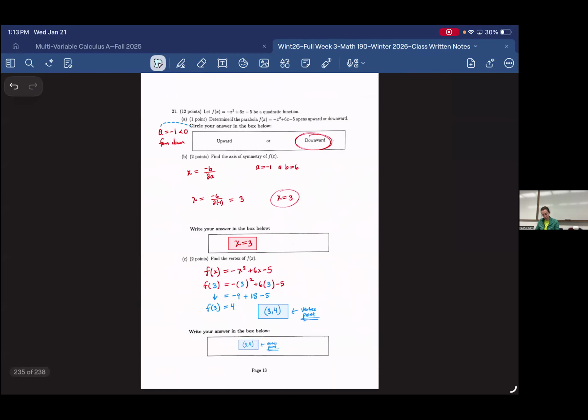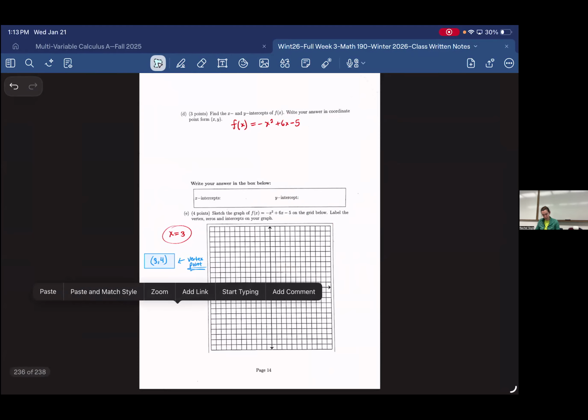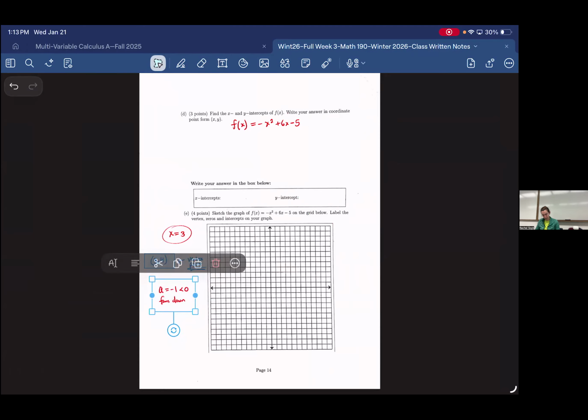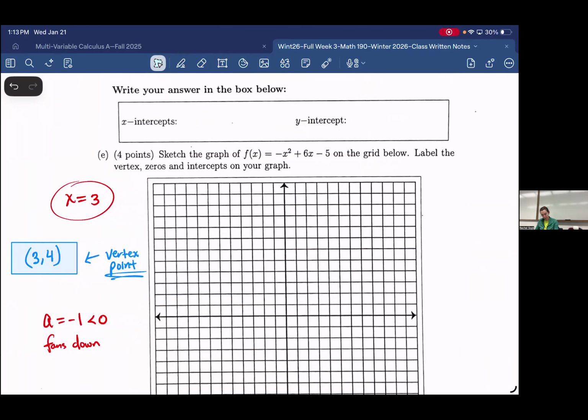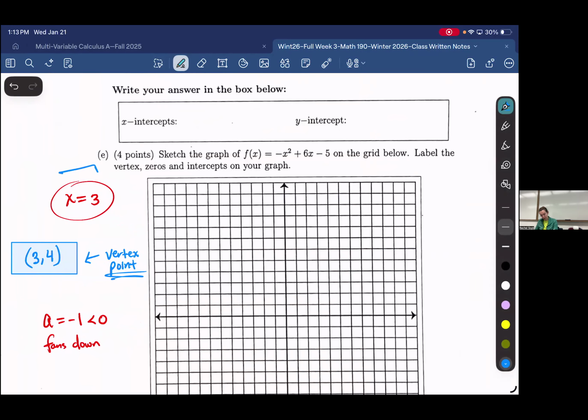And then we'll bring the a down as well. Their axis of symmetry.